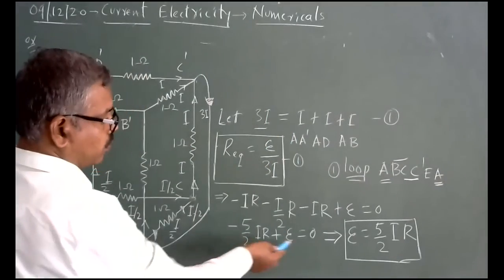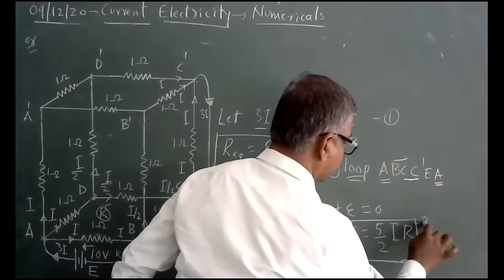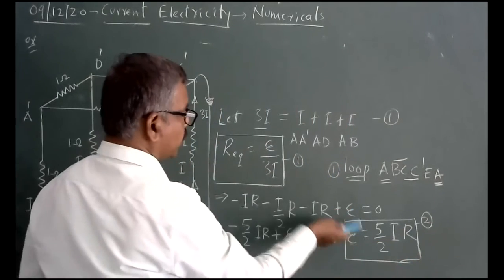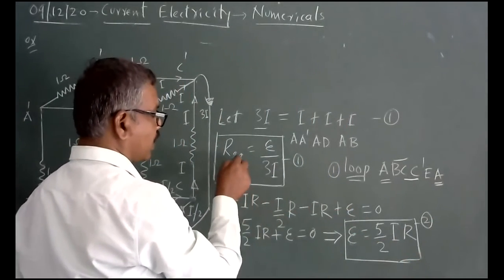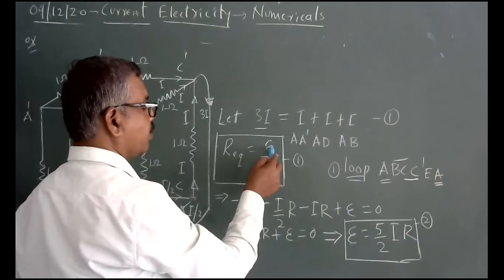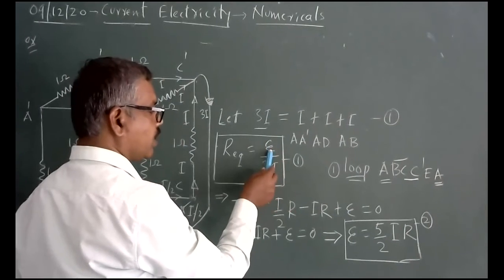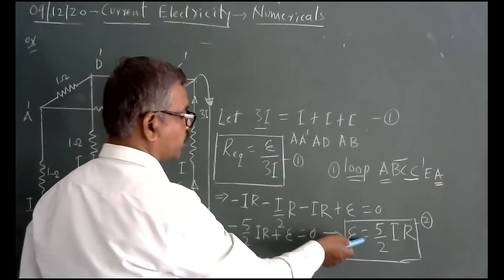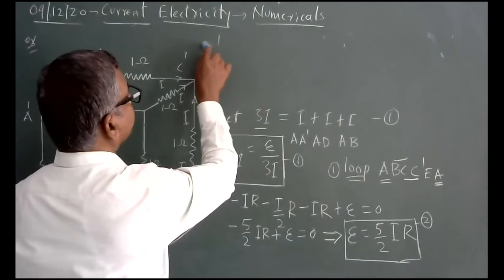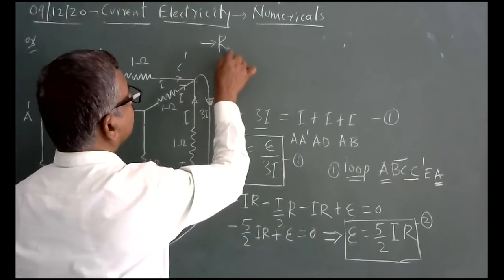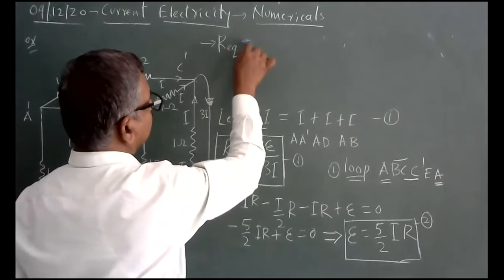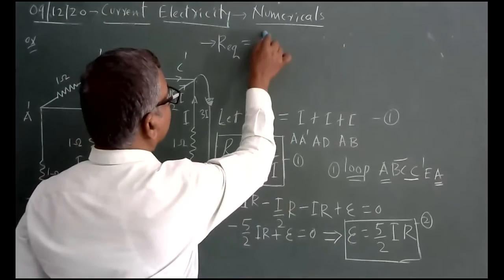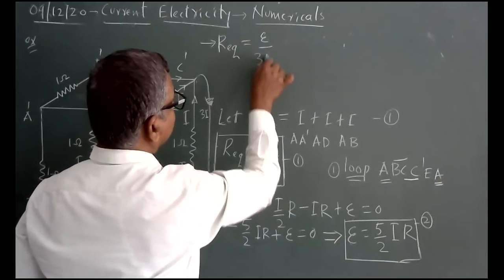Now let me take this formula. I had this, call it equation 2. Let me put equation 2 in equation 1. I want to calculate R equivalent, which is equivalent to EMF upon 3I. We know EMF equals 10 volt, but still I will substitute this value. So R equivalent is equal to EMF divided by 3I.